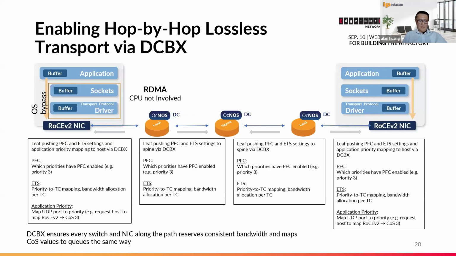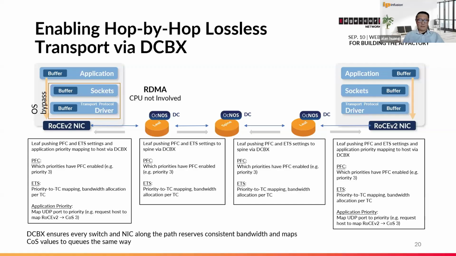DCBX is a protocol used to negotiate and enforce PFC plus ETS settings at every layer 2 link, enabling hop by hop lossless transport of RoCE v2 in a routed network. So this slide shows the best practice of DCBX configuration across the entire path.